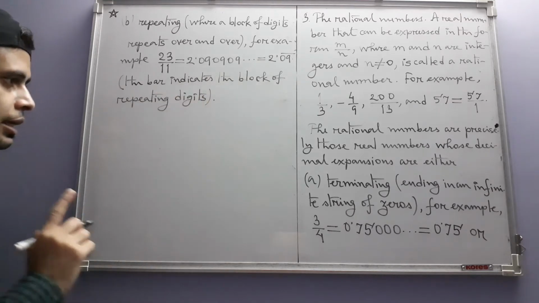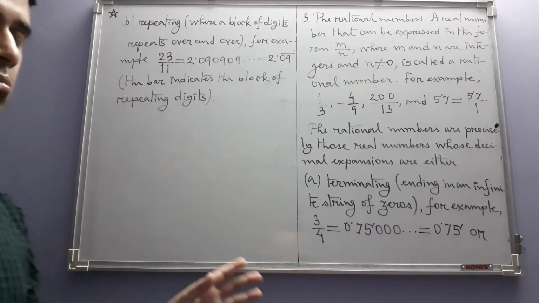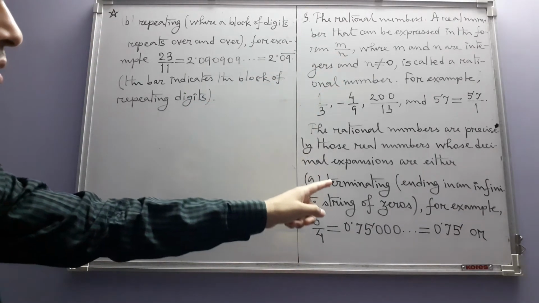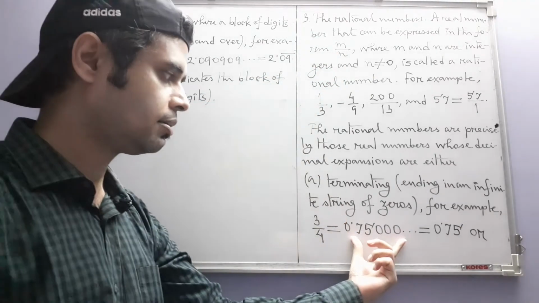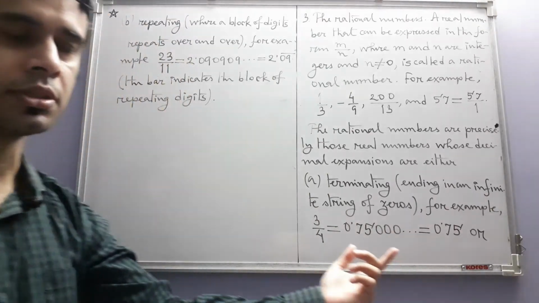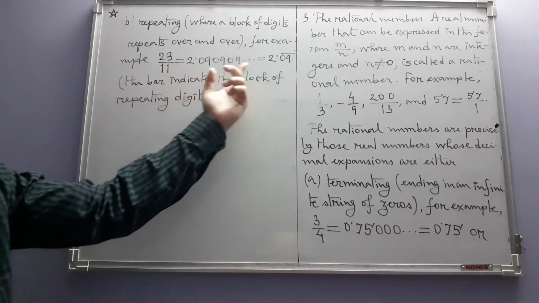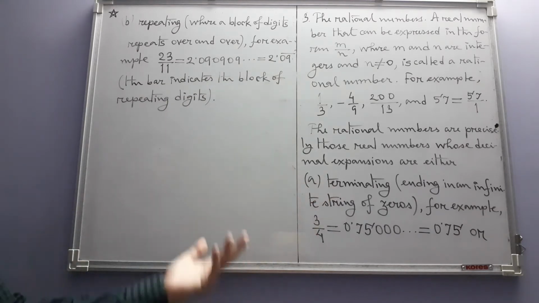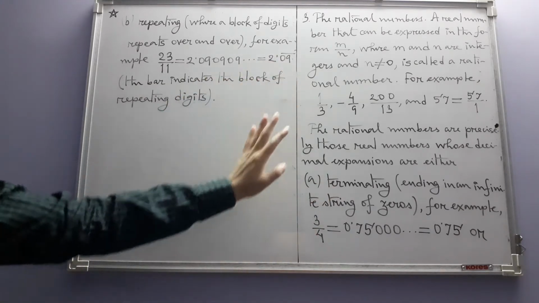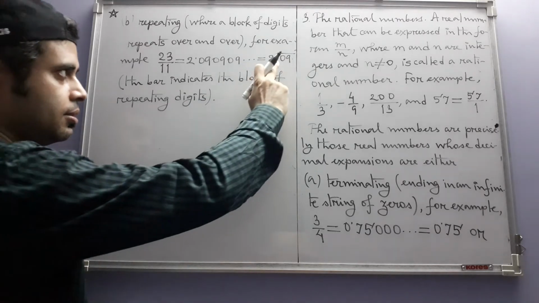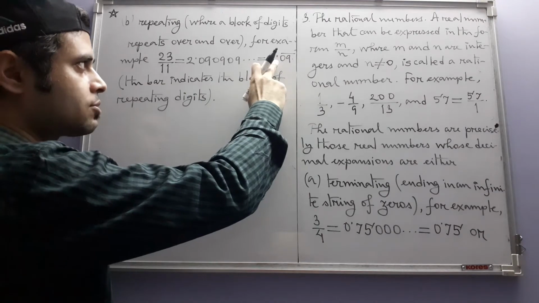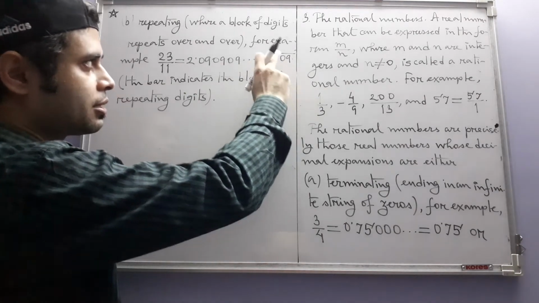It turns out that if a number is a rational number in this sense, then its decimal expansion either ends in an infinite string of zeros or a block of digits repeats itself again and again without any end after the decimal point. Note that it's not necessary that this repeating block has to start right after the decimal point.